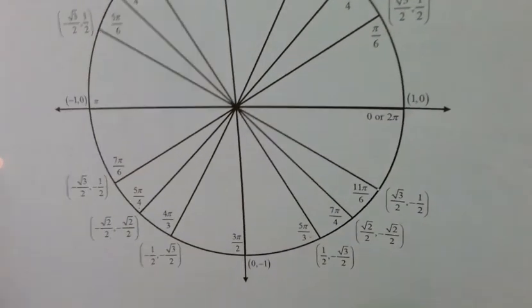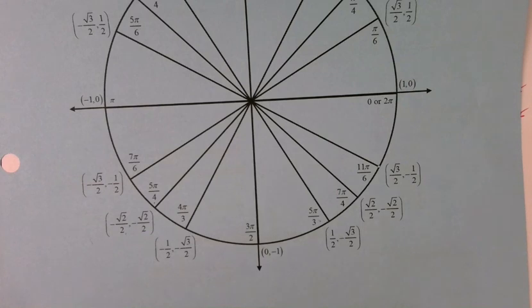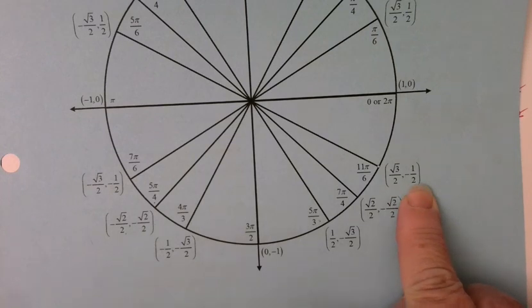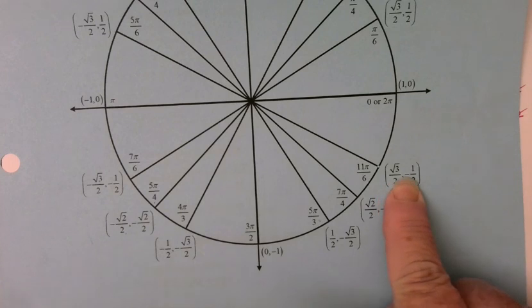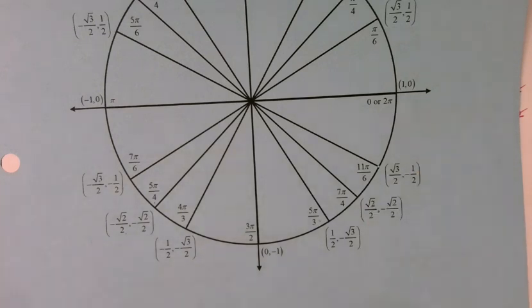Let's see, where would that be? y over x, sine over cosine. Looks like it would be right here, right? If I take this divided by that, the 2's will cancel out, and I'll have negative 1 over the square root of 3, which is exactly what I want.